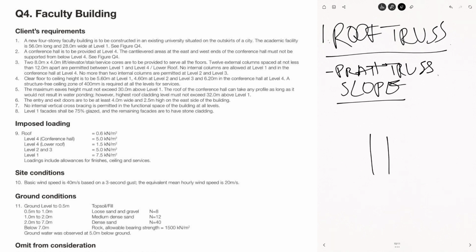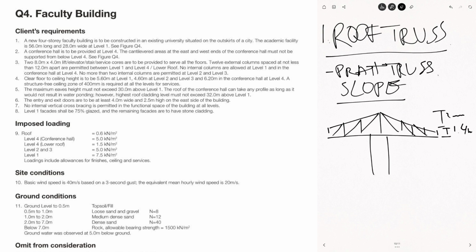Our roof will then be something like this. I think this is the Pratt one, double check later if it's not right. And we know this is 1.4 from the previous videos, and this can be up to 2 meters higher.